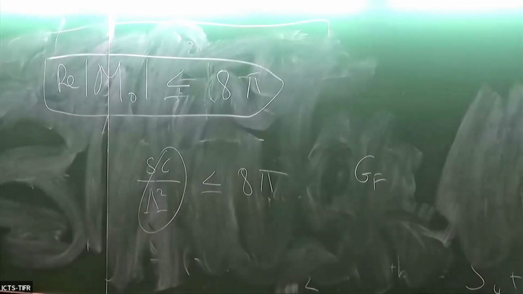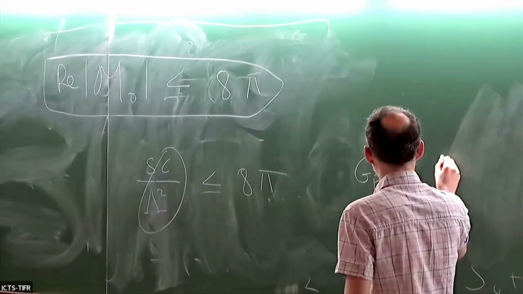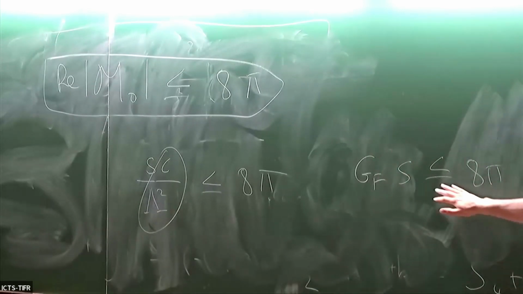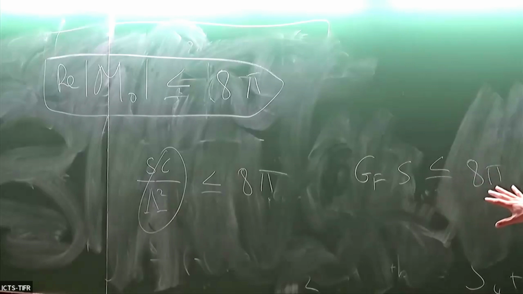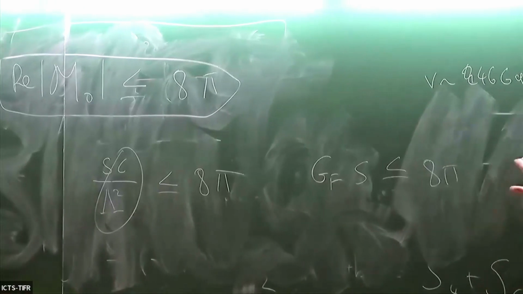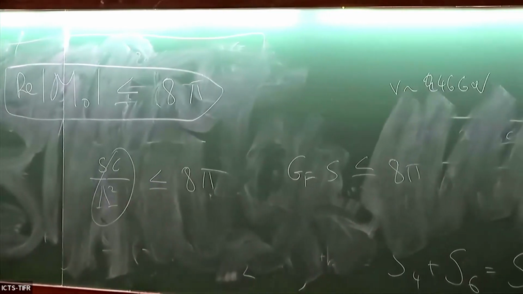We know that is a number, and if this is 8 pi, we know where this will be violated. You put numbers in there, and the energy scale at which this will be violated is 246 gigaelectron volts, given that G Fermi depends on that scale. So G Fermi told us already 100 years ago that we need new physics at that scale.